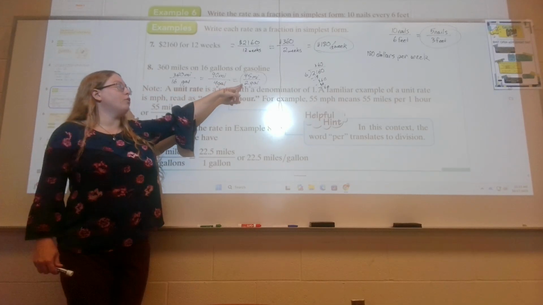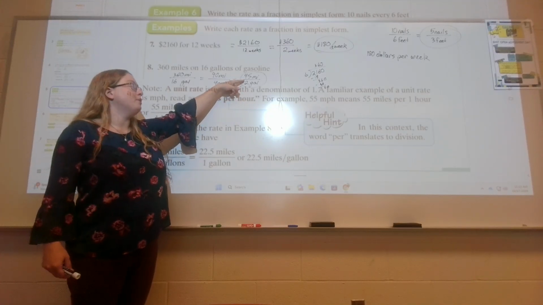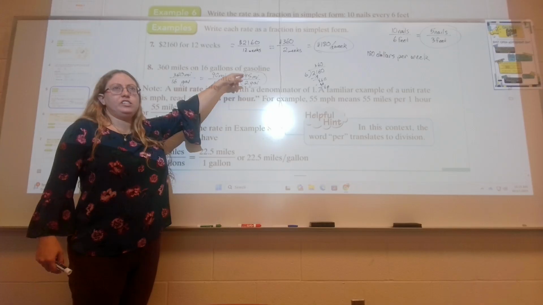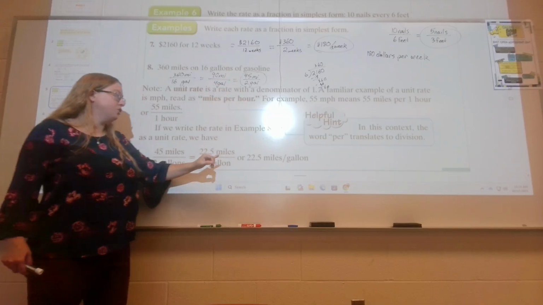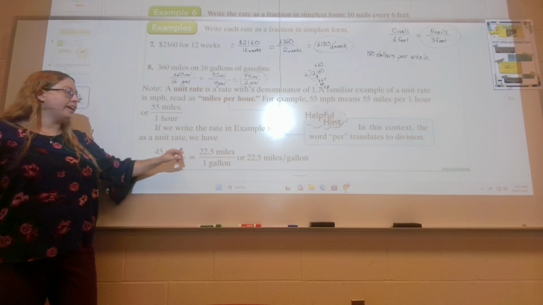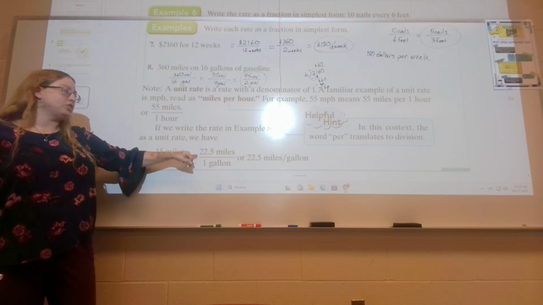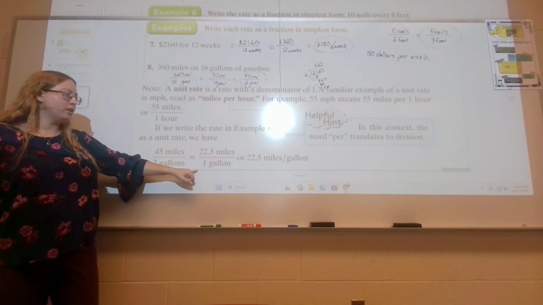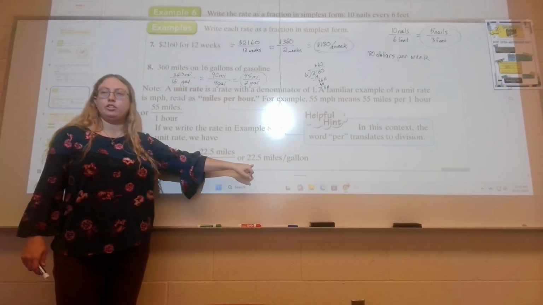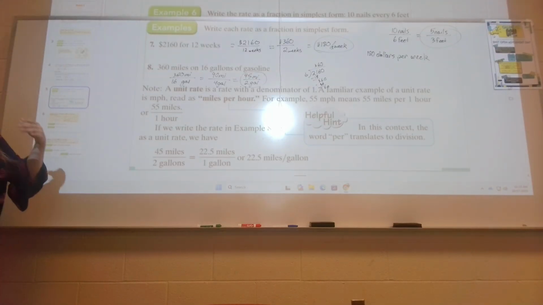So if I was going to go a little bit further to get it to be miles per gallon, what we're used to hearing, I would divide both numbers by 2. It's just in the case of this, 45 divided by 2 gives us a decimal, 22.5. So it can reduce further if I wanted to introduce decimals into it to say, oh, this is 22.5 miles for every 1 gallon, or 22.5 miles per gallon. Right, so unit rates just kind of force the denominator to be a 1, so you can say it's unit per unit.